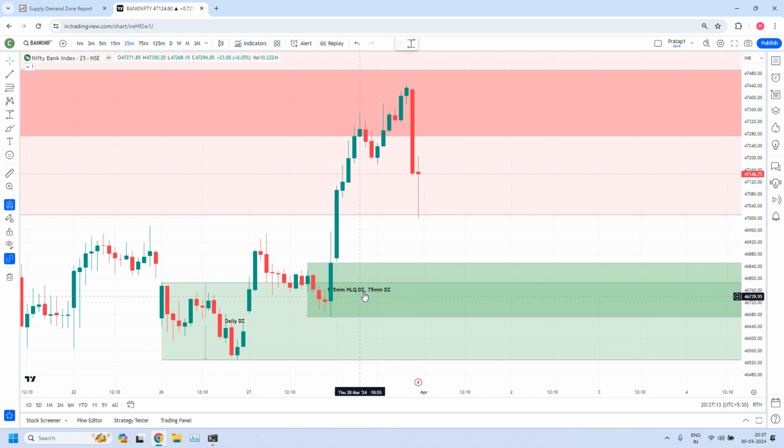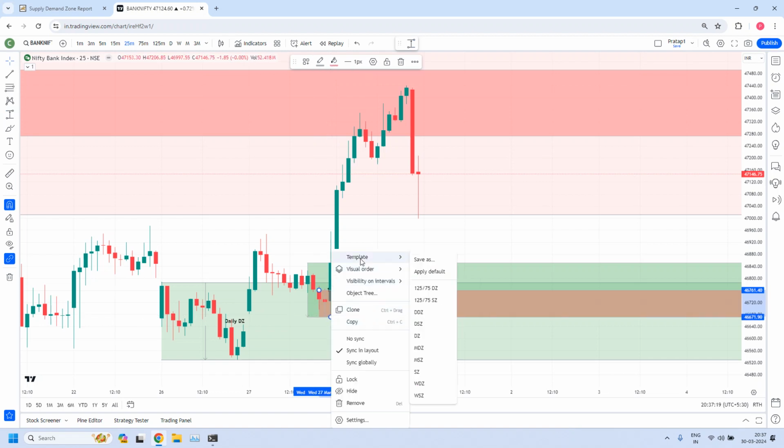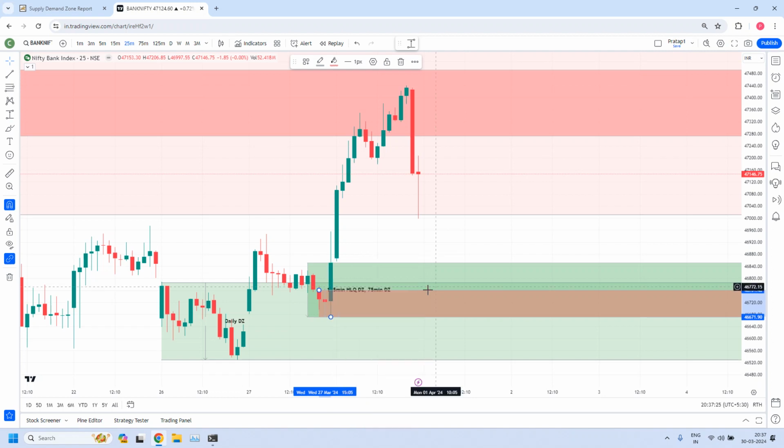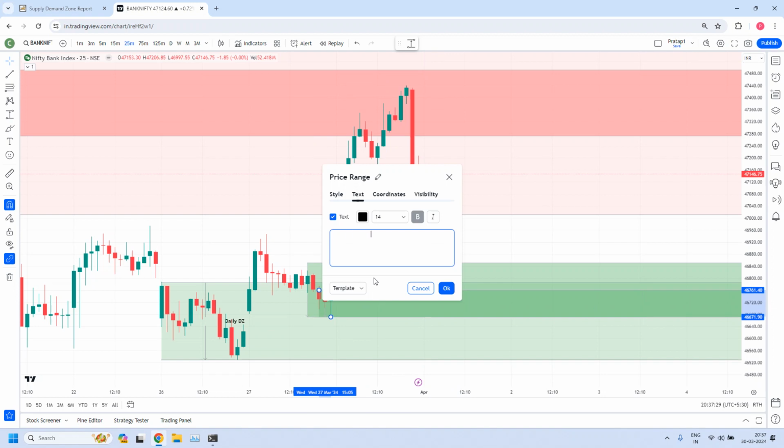That is within this 125-75 minutes area. This is the one. This is a 25 minutes demand zone. I mean high liquidity demand zone.